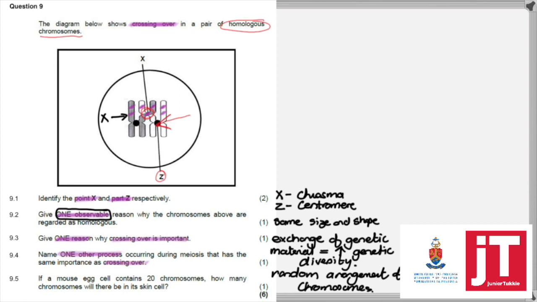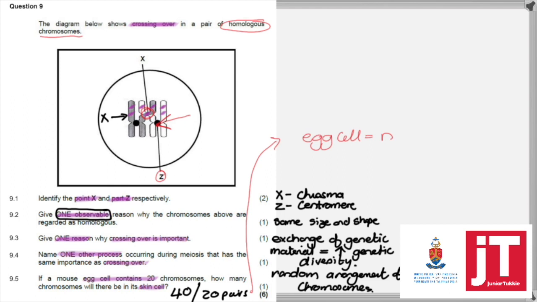The next question, 9.5, is a nice question as well. If a mouse egg cell has 20 chromosomes, how many chromosomes would there be in a skin cell? This is basically asking us, we have a gamete with 20 chromosomes. What would the number of chromosomes be in a somatic cell of the same organism? If we do our calculations, we get to an answer of 40 in total, or 20 pairs.